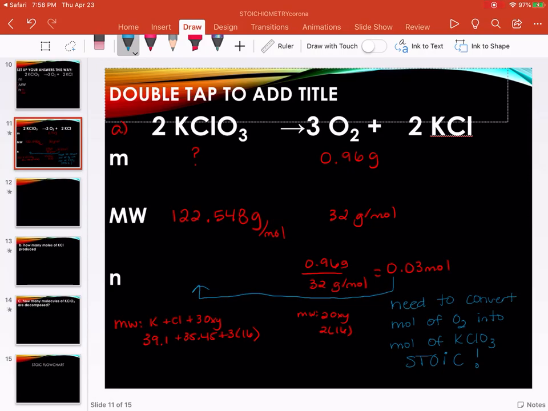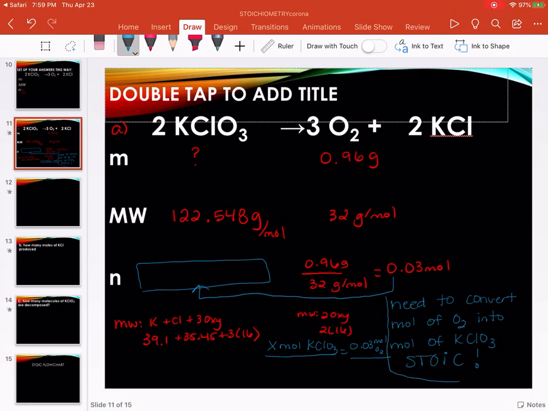It is called stoich. Okay, so we are going to write a stoich ratio and do that. So again, choose the way you want to do it. But now, since we are looking for this number here, again, what's the most common unknown? X. So how many moles of KClO3?